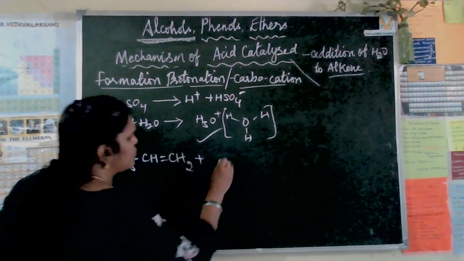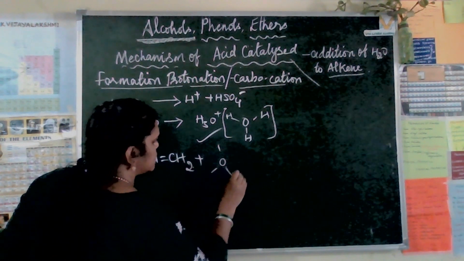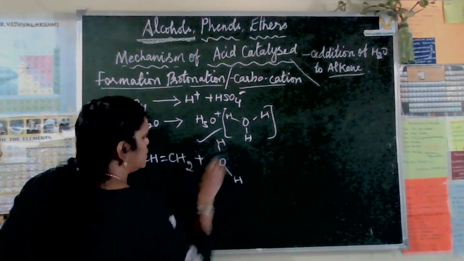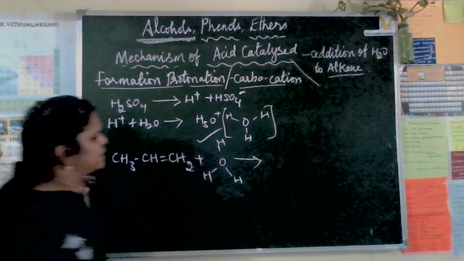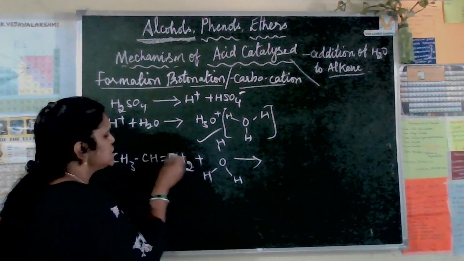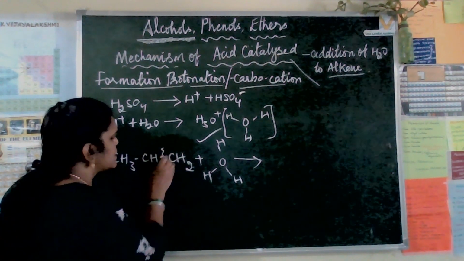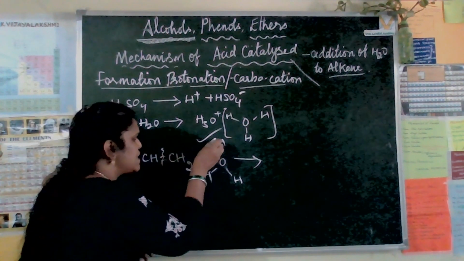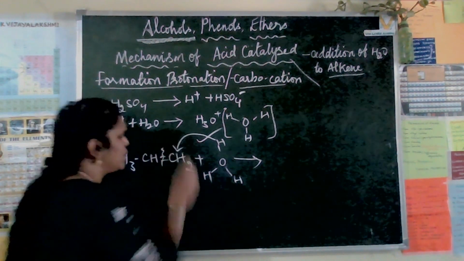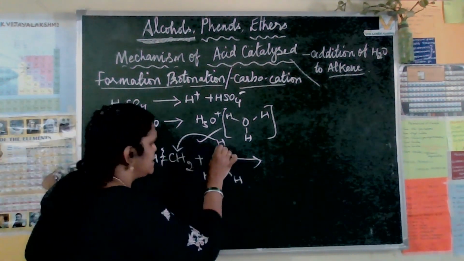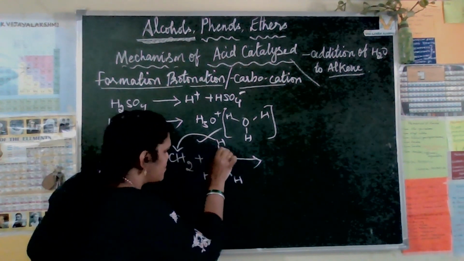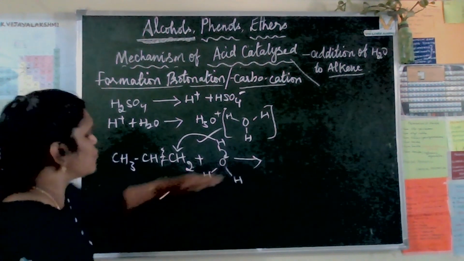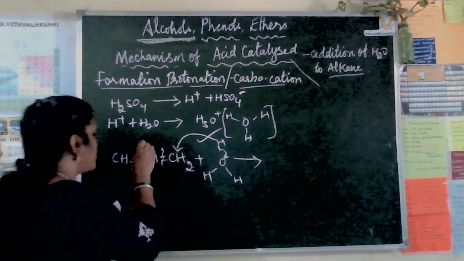Alkene combined with hydronium ion. So what happened? This hydronium ion breaks that bond, and this hydrogen is going to attach over here. Automatically this bond gets diverted and it forms a water molecule here.